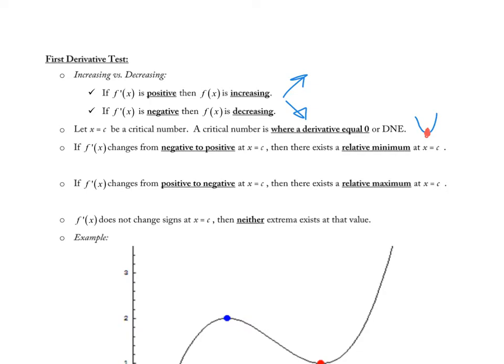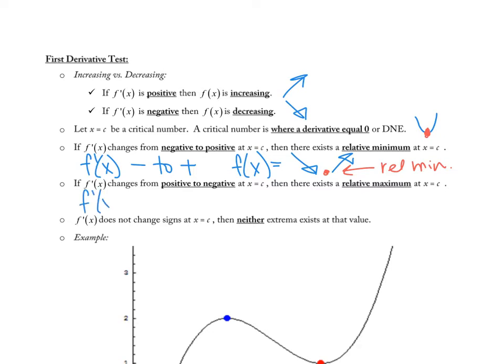Okay? So if f prime of x goes from negative to positive, then that means the original graph is going from decreasing to increasing, therefore creating a valley, so that's a relative min. Okay, and that's so important to know. So the valleys create a relative minimum.